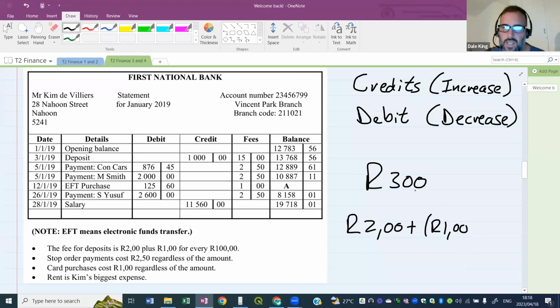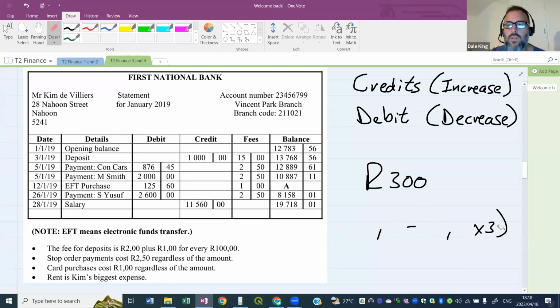If the number was complicated, you just divide by 100 to get that value. But we can see that we have 300s here. So that's how you would calculate the fees for a deposit. We might need to use it in the questions that come.